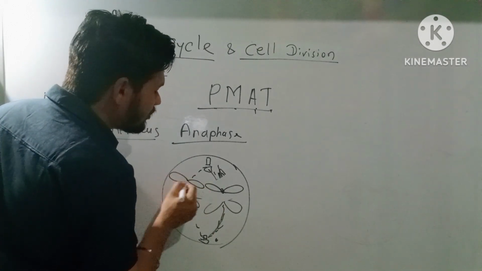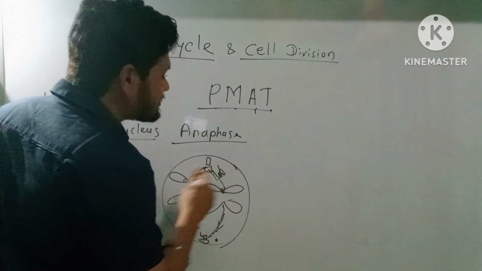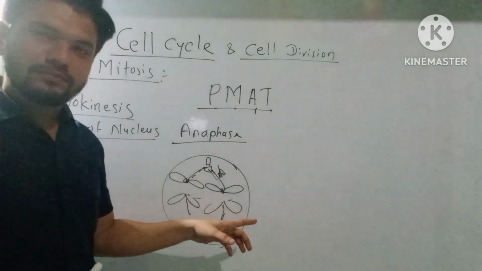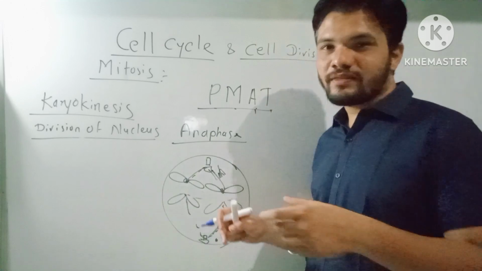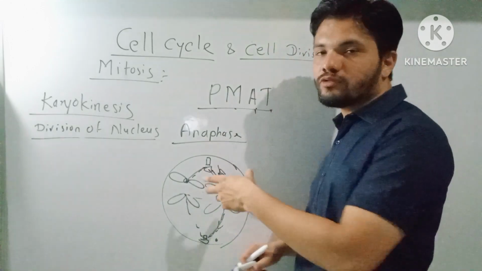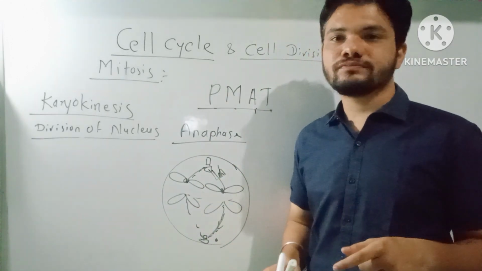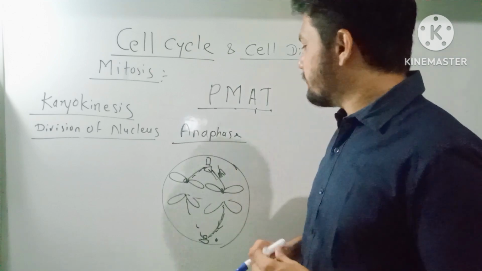Now these will not be called sister chromatids. These are the chromosomes, daughter chromosomes you can say, having half the amount of DNA. So this happens in the anaphase.